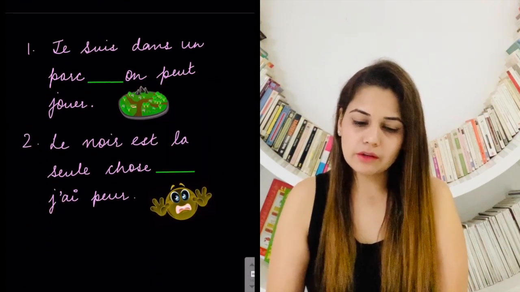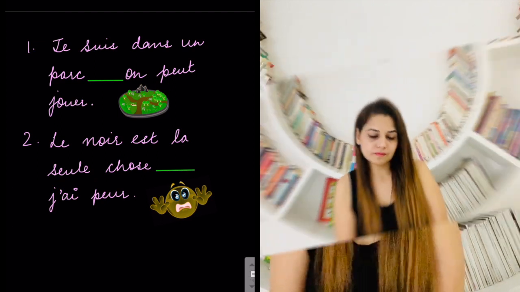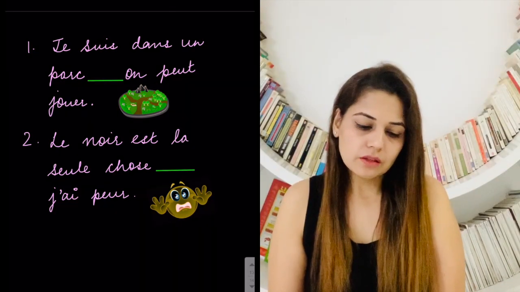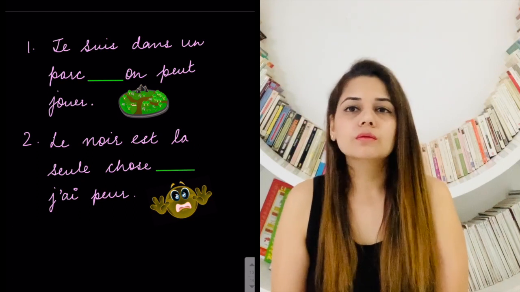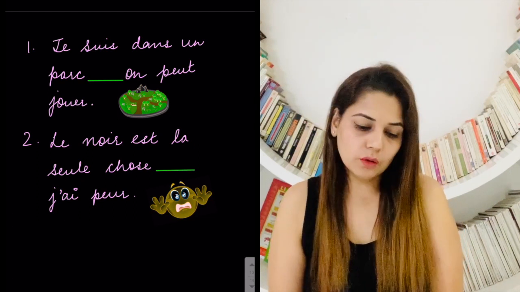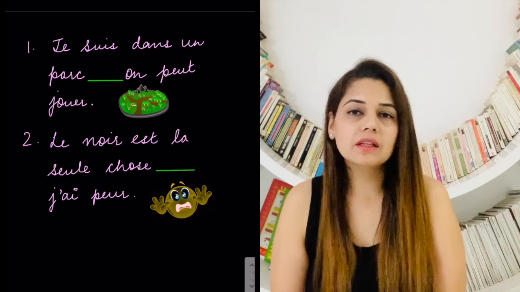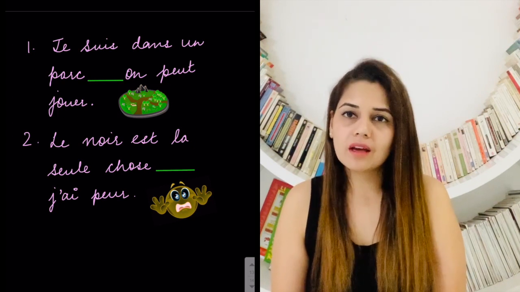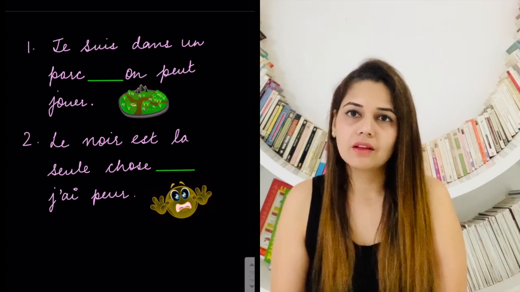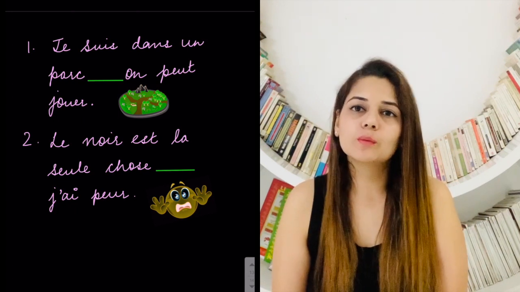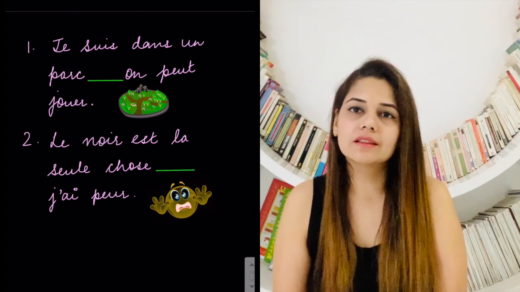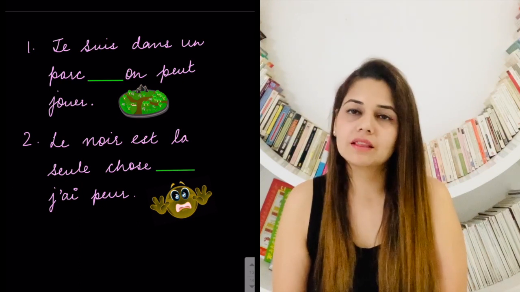Moving on, let's check a few more examples. Je suis dans un parc où on peut jouer. I am in the park where we can play. So in here, we are going to replace le complément circonstanciel de lieu, that is the park, the place.